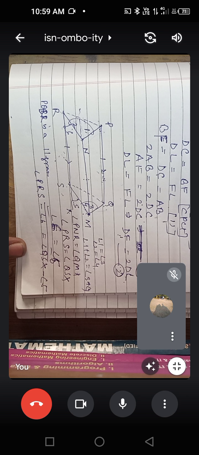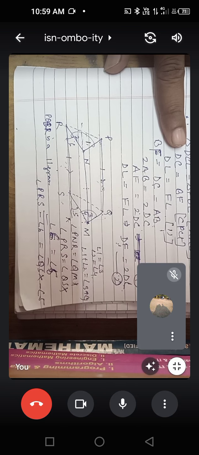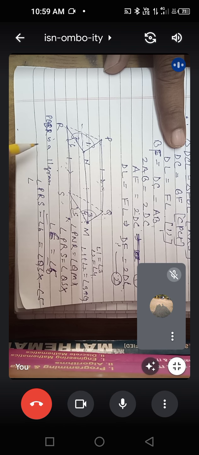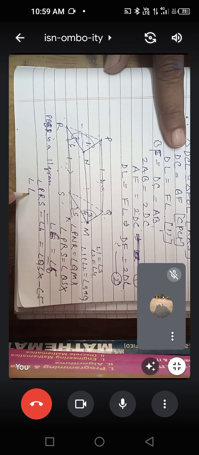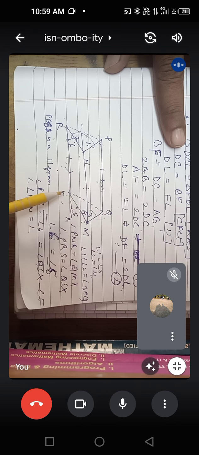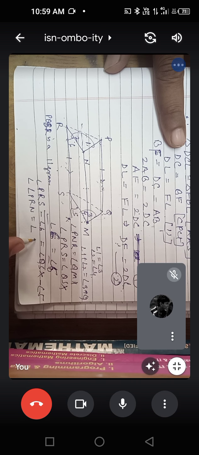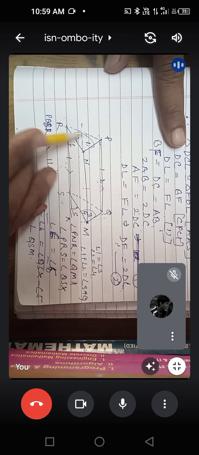So you get angle PRN is equal to which angle? QSN. So you see this angle was equal to this angle.